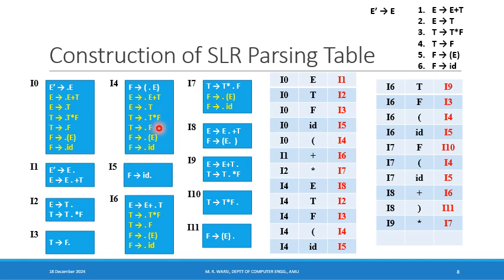And after the dot here, look at this LR0 item. After the dot, I have the variable capital F. So I will add LR0 items corresponding to the productions of the variable capital F. These two LR0 items have been added due to this. Now we can see that no more LR0 items will be added, and my state number 4 is complete.